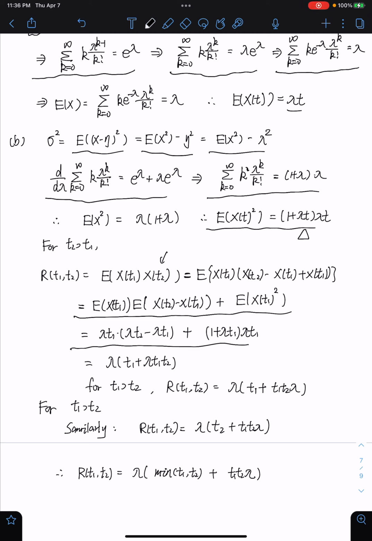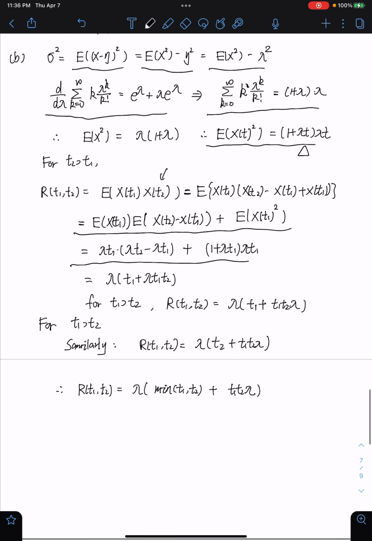The result should be lambda times t2 plus lambda squared t1 t2, and we can easily find that the autocorrelation over the whole definition region should be lambda times the minimum of t1 and t2 plus lambda squared t1 t2. And that's all. Thank you.